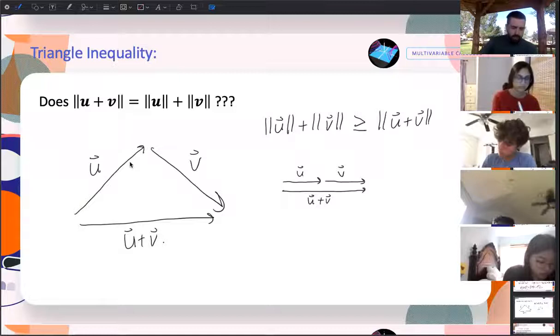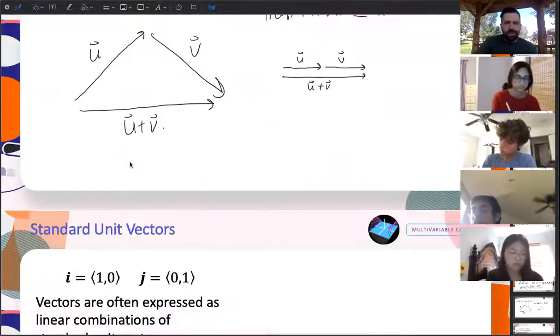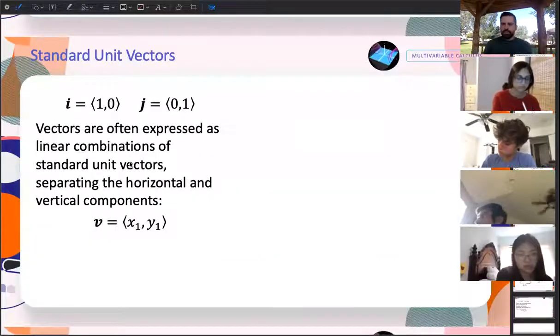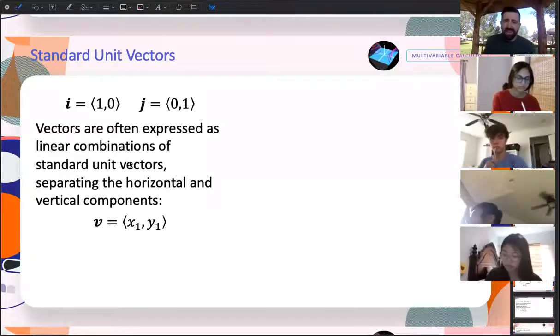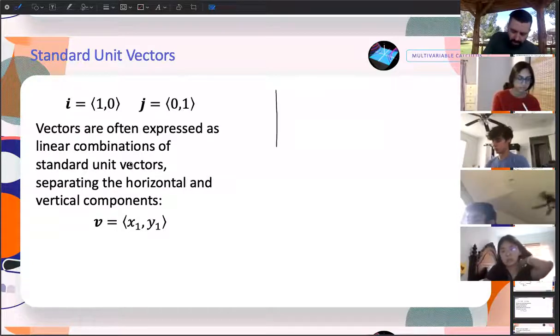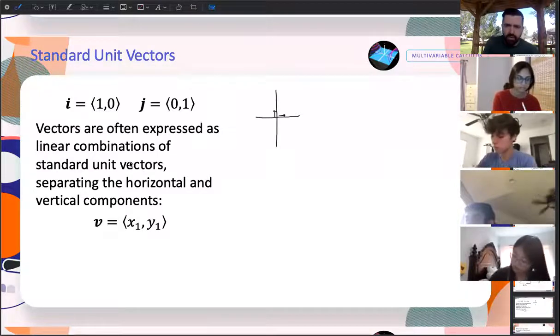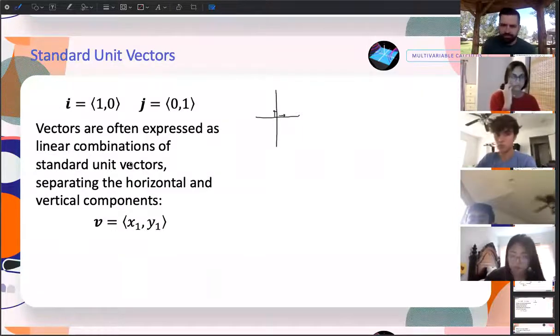Okay. Standard unit vectors, again, if you're in physics, this is one of the things you'll see and use in physics. And in any higher level math, we tend to use this more than component form. These things are called standard unit vectors. So notice they're unit vectors. They're 1 unit long. And they're basically 1 unit going in the x direction and 1 unit going in the y direction. And those are really great ones to use because we can express any vector as a combination of those two.